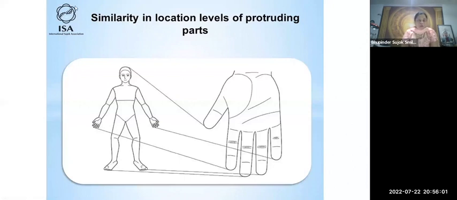From the Sujok point of view, as you know, because I introduced it last time also, the hand is similar to the human body. You don't need a detailed description, only a simple understanding, because you all know, and I gave an introduction to Sujok in many more sessions in this group. You can see the middle two fingers are legs, the side two fingers are arms, and the thumb is the head.